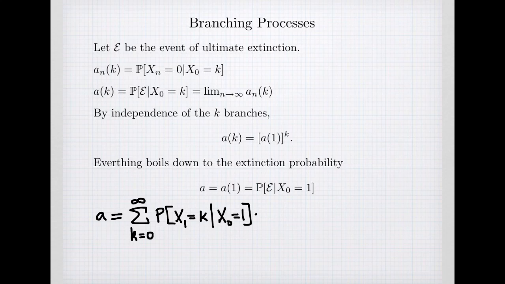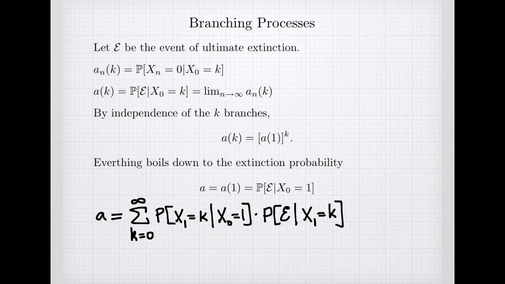And then we say, okay, given that I've stepped to now have k individuals in the next generation, we need to say, well, what's the probability that I ultimately go extinct if I know that at generation 1 I have k individuals?